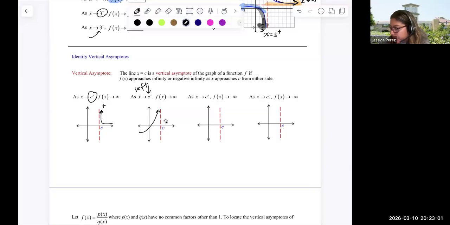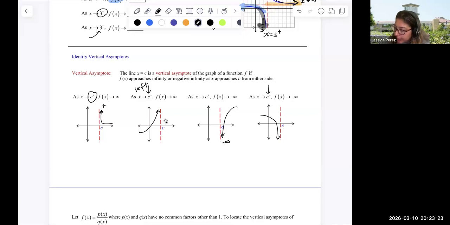Now, as x approaches c from the right, this will go to negative infinity. That means it looks like this. And what happens as x comes from the left and goes to negative infinity? Well, that has this behavior.